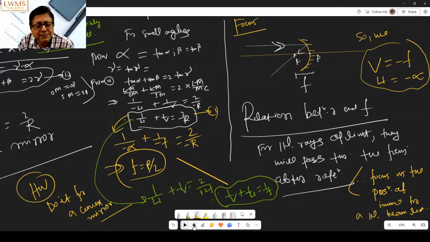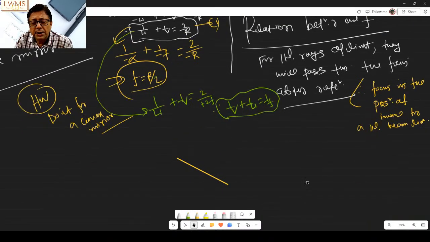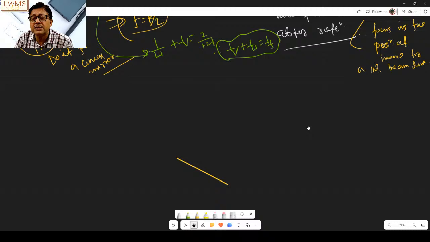Now you have seen that in spherical mirrors, sometimes image becomes small. Oh, you haven't seen that, wait a minute, just do one thing: image of an extended object, then we'll go to the next topic.